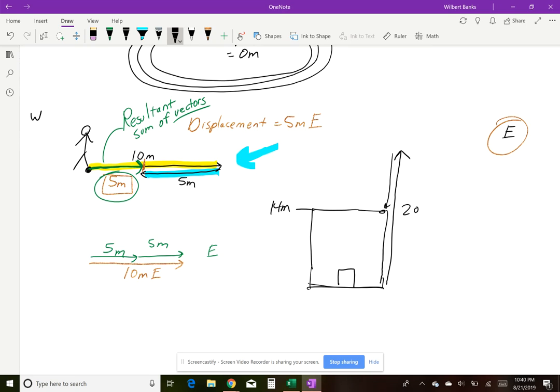Then I can ask you, what's its displacement? In that case, I add up 20 and I say, how far did it go down? In this case, it has to go down 6 meters. So my resultant is 14 meters up, because that's relative to its starting point, which is down here. That makes sense.